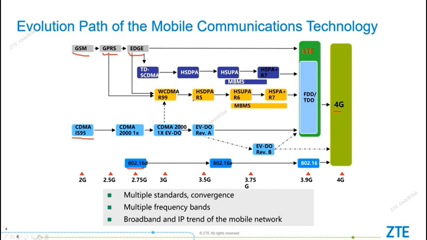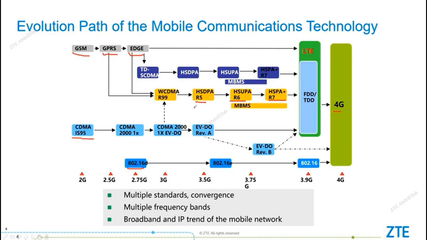After that are HSDPA, HSUPA, and HSPA+. HSDPA is enhanced for downlink, HSUPA is enhanced for uplink, and HSPA+ we can also name enhanced HSDPA. So in different systems, the data rate also increased.